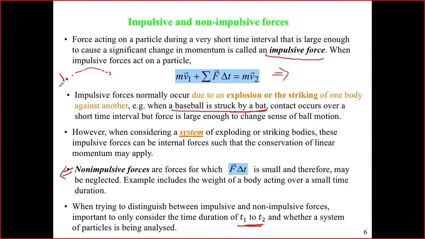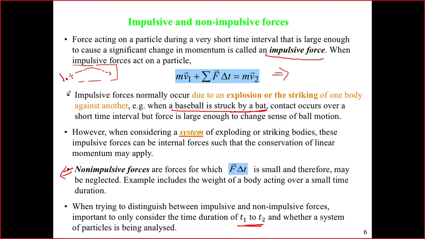Then clearly मेरा time, अगर मैं सिर्फ impact को देख रही होती, तब the weight would be very small compared to the striking force and I could ignore its impulse. But when I'm looking at the trajectory part, then clearly the weight is the one that's important and is causing the change in momentum, and therefore it has to be considered.